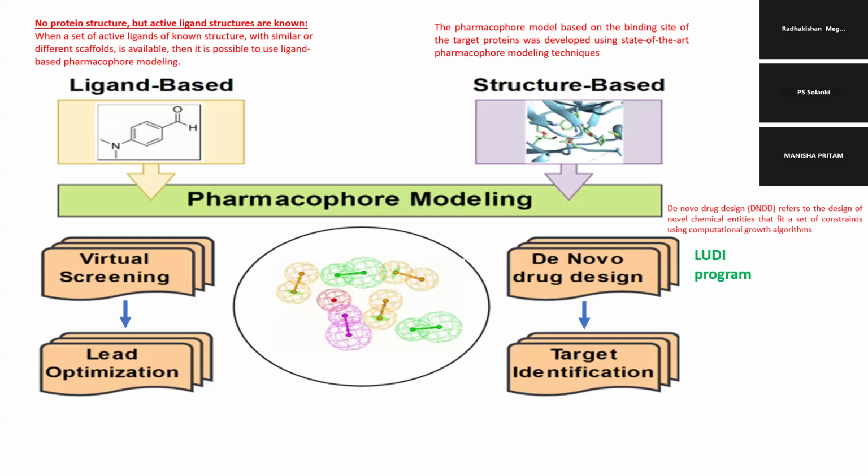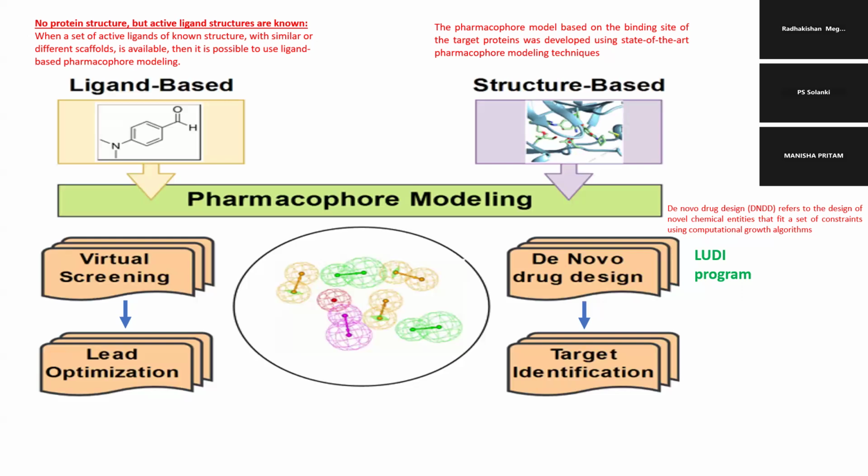So if we talk about ligand-based, for example, if we have some new emerging pathogens or diseases, for example COVID-19, we are all familiar with. In that case, we don't have any structure initially, but later we have.